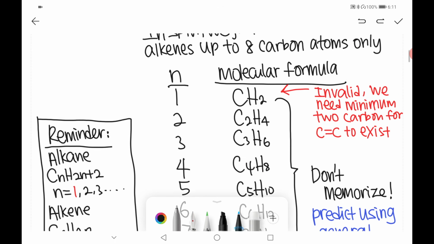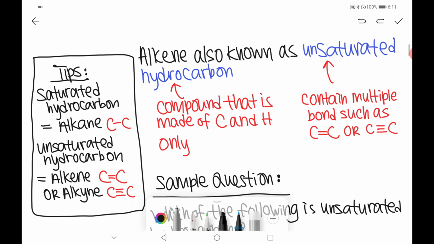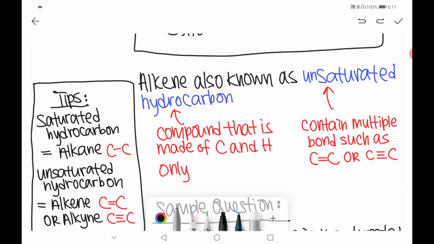For alkene, you need to understand that we also can call it an unsaturated hydrocarbon. Why can we call alkene an unsaturated hydrocarbon?